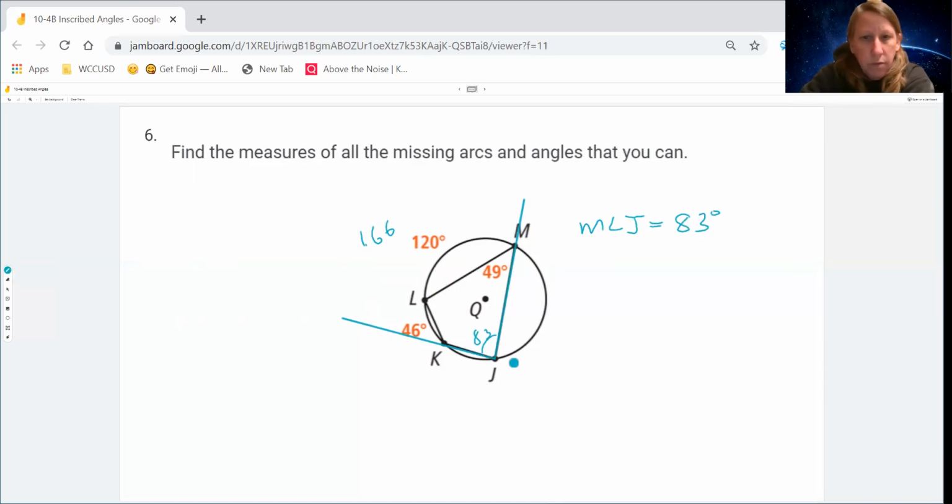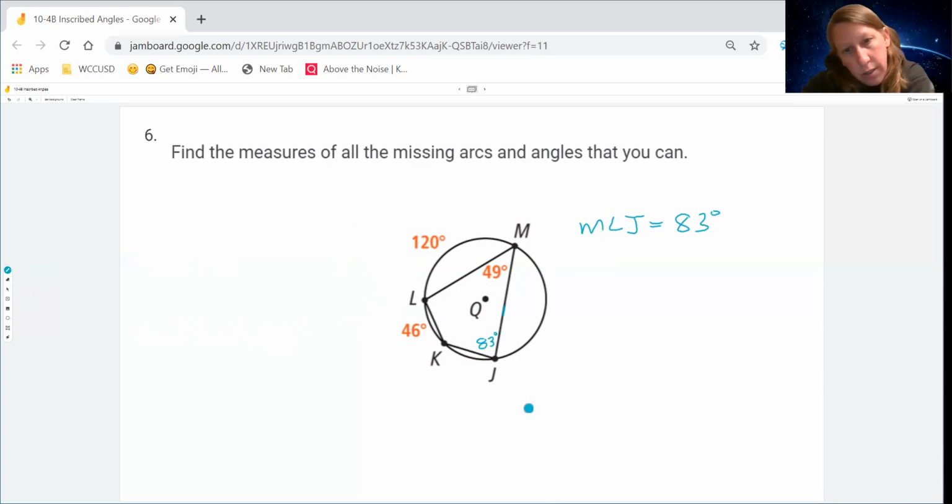Okay, what else can we do? Work the figure. I'll leave the 83 in there, but I'm going to get rid of these. Let's go put the 83 back. Okay. Now I could just use the trick, which is these two have to be 180 and these two have to be 180.